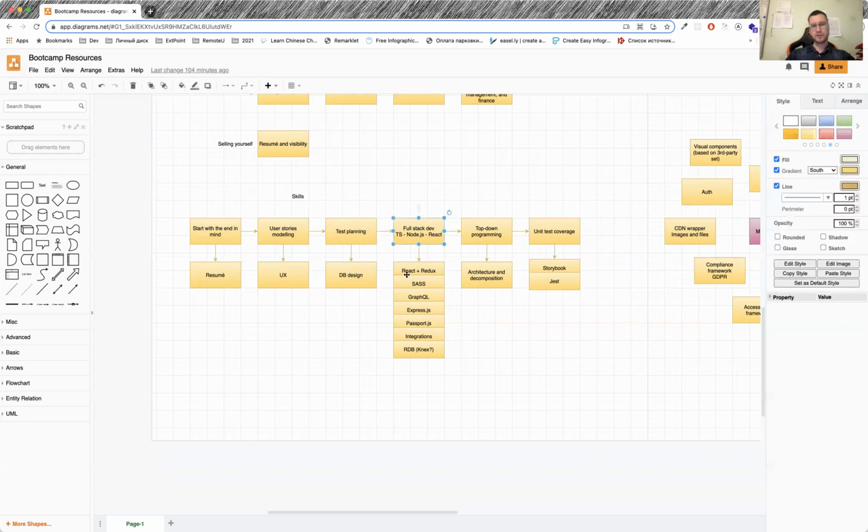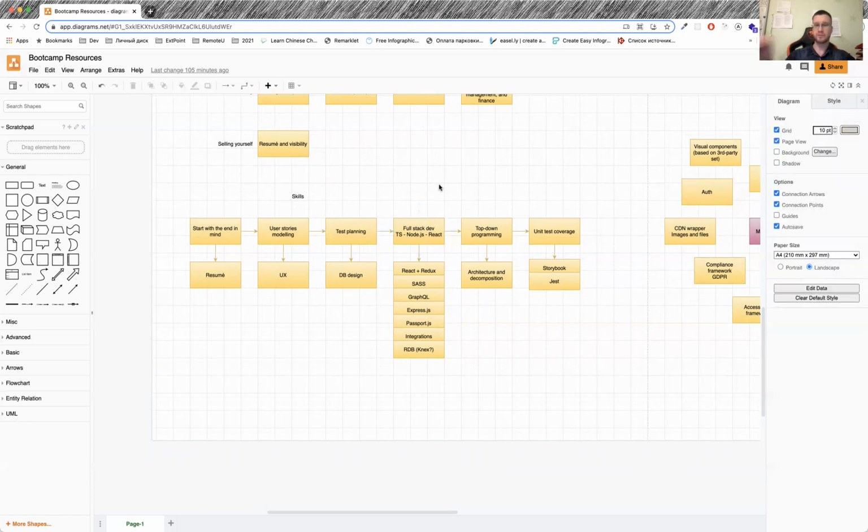Then comes the development itself, and I really encourage people to have the full stack experience. Even if you plan to specialize in the future, that's all right, but you need the full understanding of what's going on in the development. So you need the full stack development experience anyway.